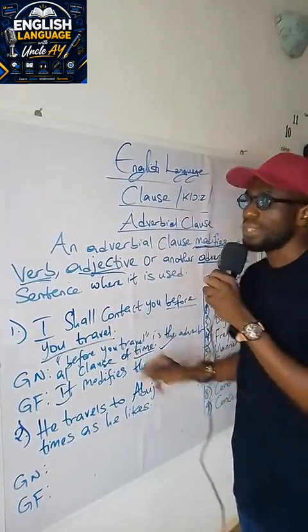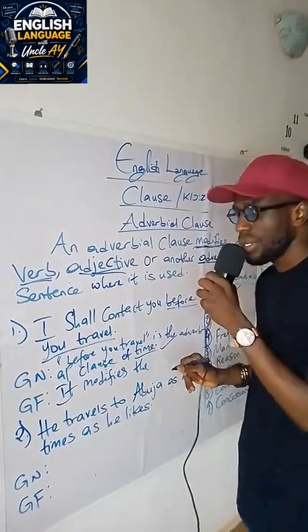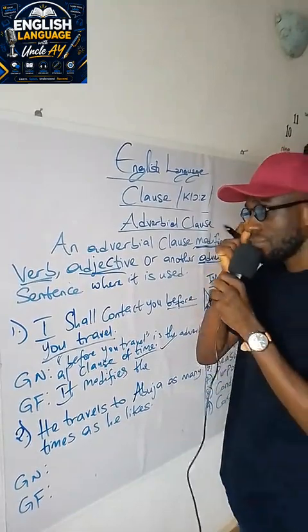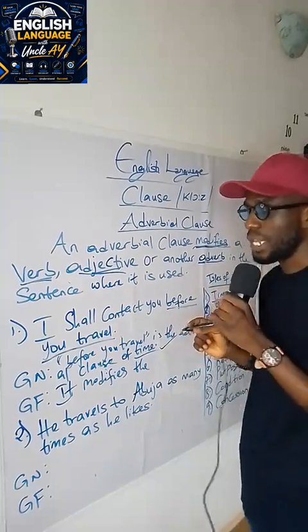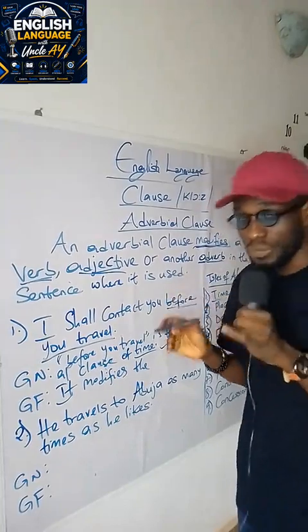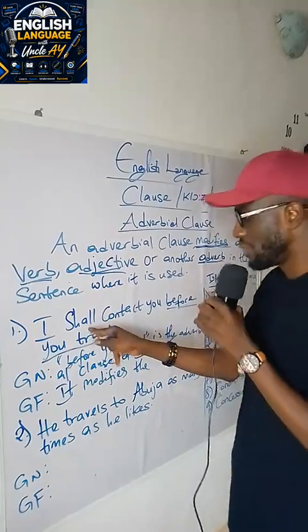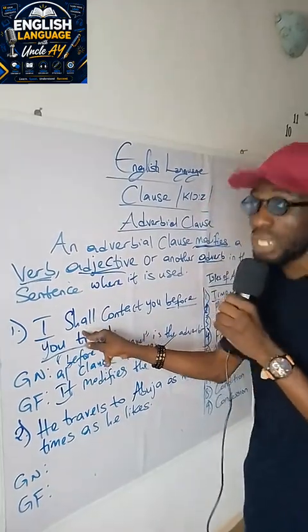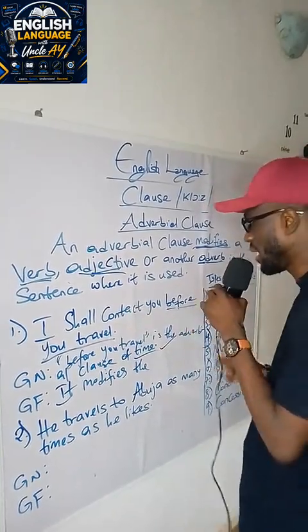And let's not forget that when I talked about the verb phrase in one of the videos I put out there, I said a verb phrase is one whereby you have an auxiliary verb as well as a lexical verb placed side by side in the build up to the sentence. So this is an example. You see an auxiliary verb, a modal auxiliary verb here in "shall," and then this is a lexical verb placed side by side in the sentence.